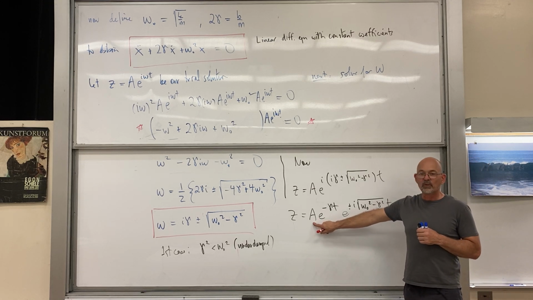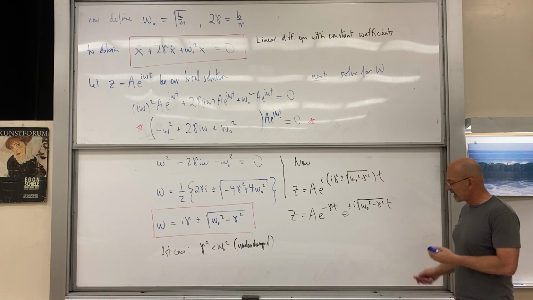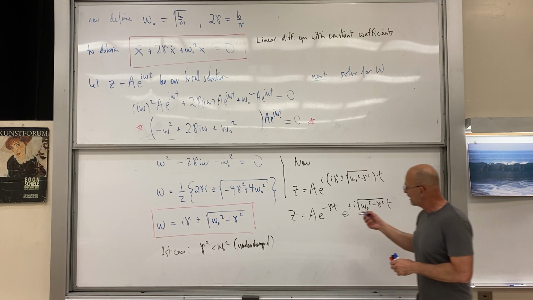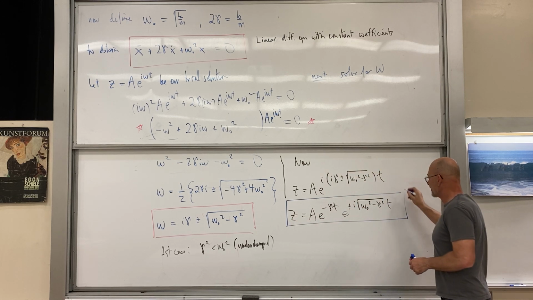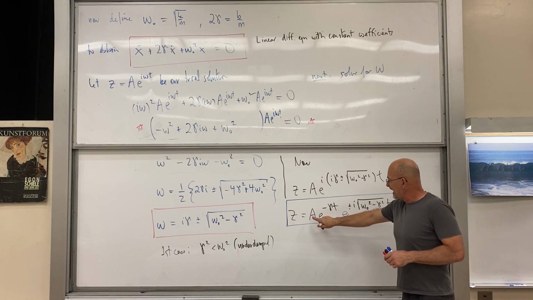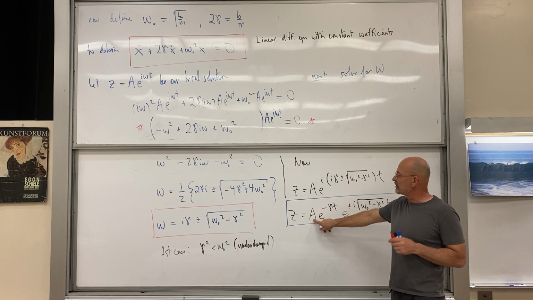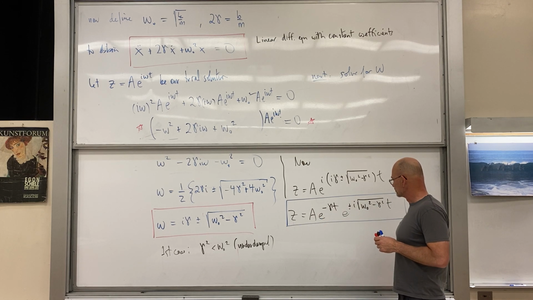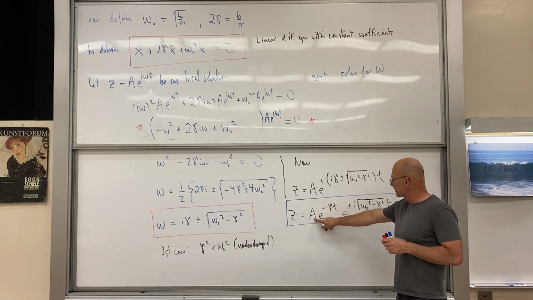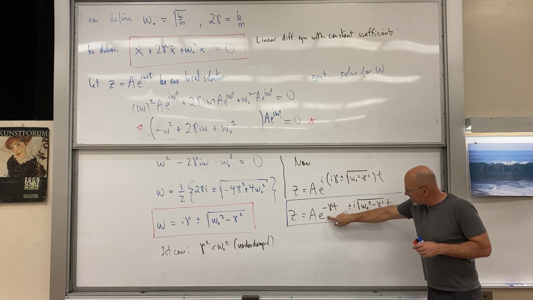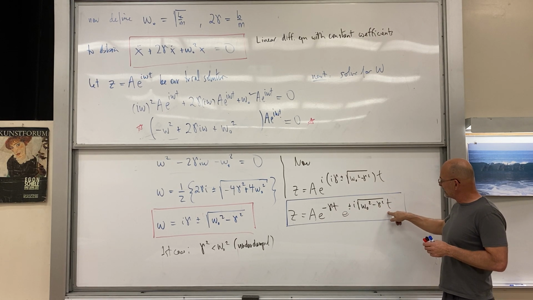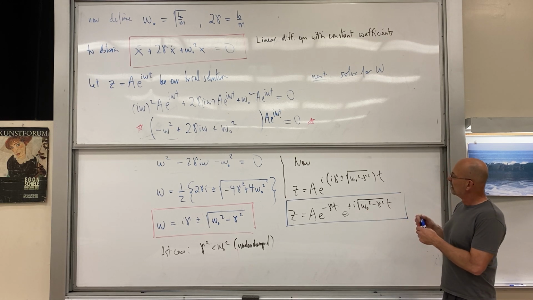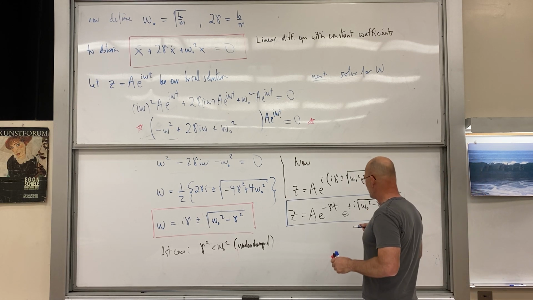Okay. And what about the real part of this? Let's go ahead and take the real part right away. Here's our answer. A actually could have been a complex number to begin with, and we'll deal with that later. e to the minus gamma t is real. And this e to the i root omega naught squared minus gamma squared t, that is our oscillatory part. So I'm going to take out the real part right now.